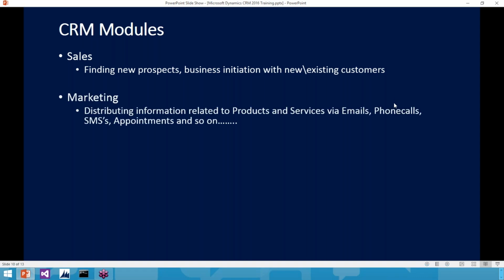Marketing. That's another important module. It's the way you market your business, how you market your products and services. You can do that in 1,000 different ways. And the most famous ways in CRM are emails, phone calls, SMSs. SMS is a third-party integration, but it's mainly emails, phone calls, appointments, and several other things.